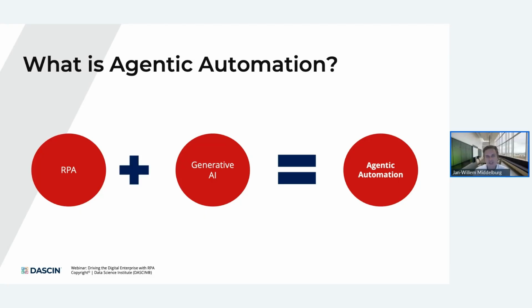If you put this into a math equation to make it interesting for the people who are very much focused around the left-hand side of their brain, it's a very simple equation: using traditional RPA workflows, but including components from generative AI, leads towards agentic automation. And with these agents, we can process workflows, but we can also process decision-making capabilities.